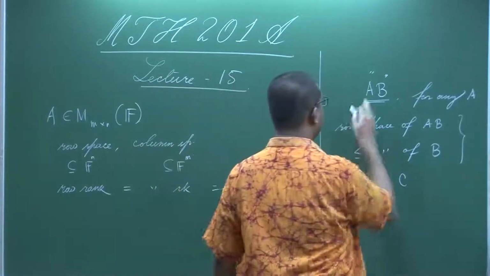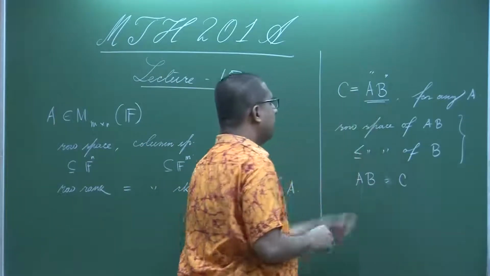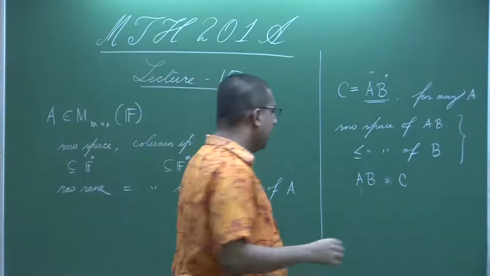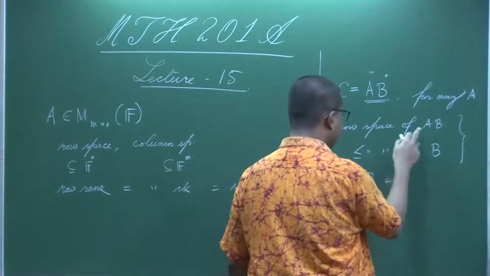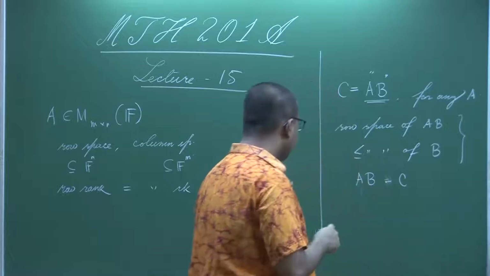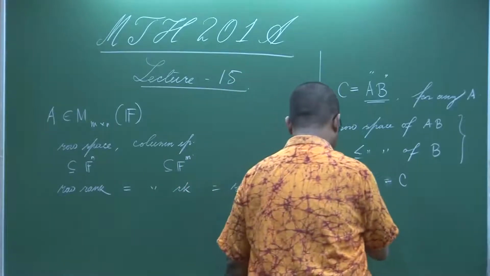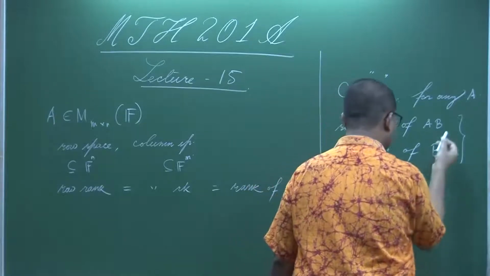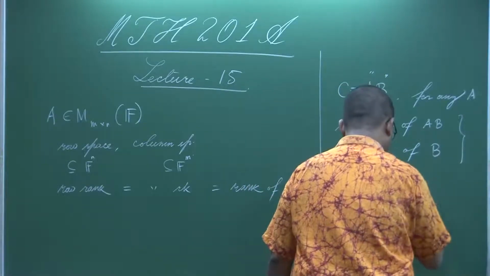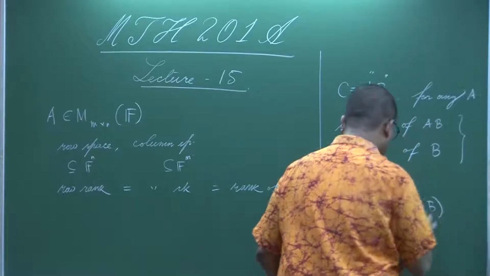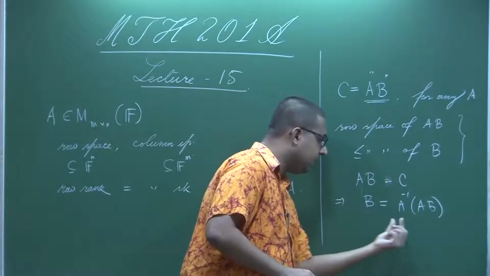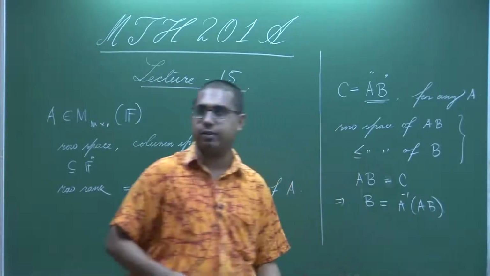If we set C equal to AB, then the row space of C is contained in the row space of B. Now, actually this is the converse. So, that shows that the row space of B is contained in the row space of AB.